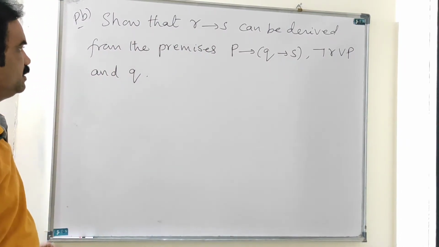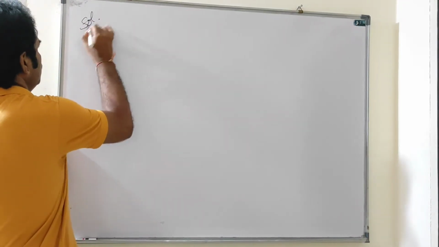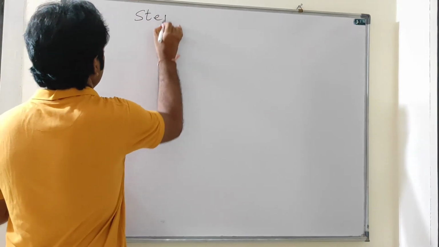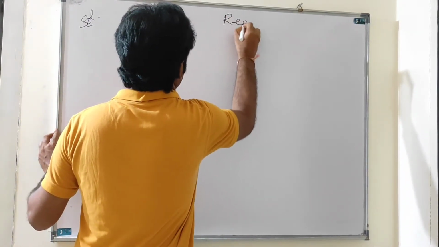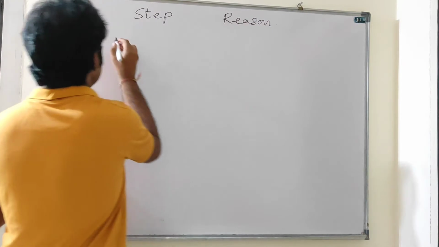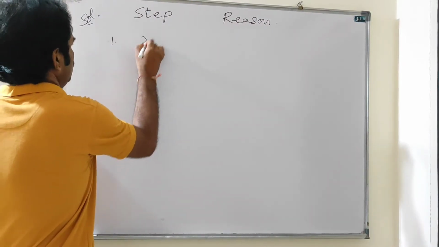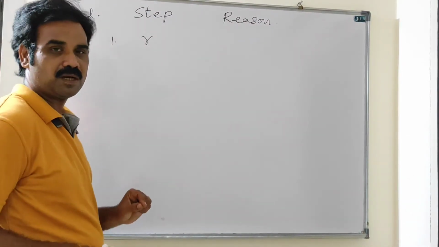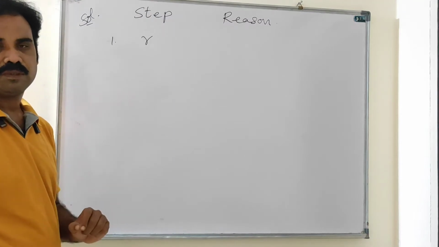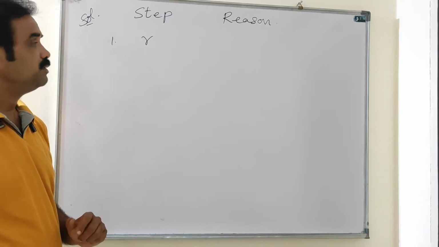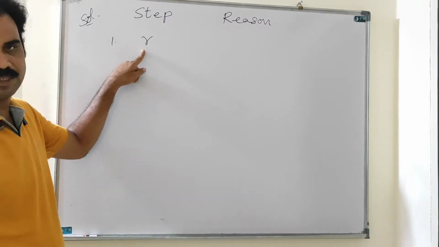See the solution. Step, reason. Step 1, R. Since the conclusion is R implies S, we use rule CP. For that, take R as an additional premise.